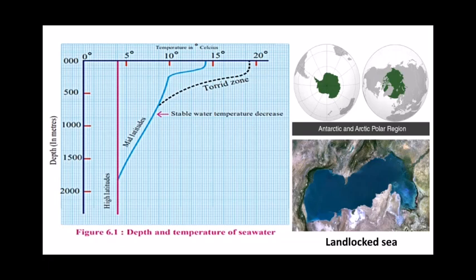Next question. What does the thermal graph for the high latitude say? What is its temperature at 500, 1000 and 1500 meter depths? So children, in high latitudes, that pink line that you can see is a straight line. So at high latitudes, the temperature of seawater at all the depths, that is 500, 1000 and 1500, is the same.